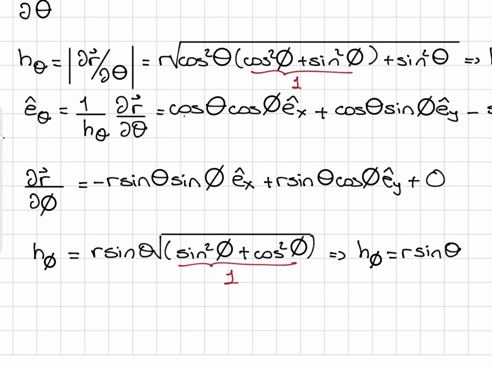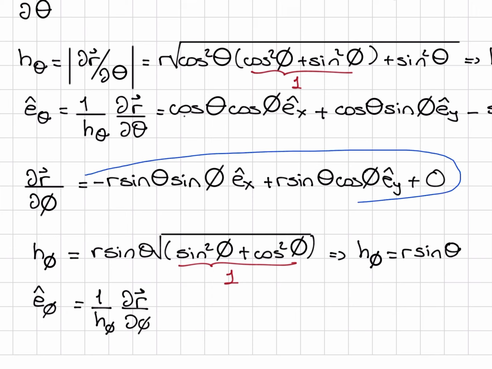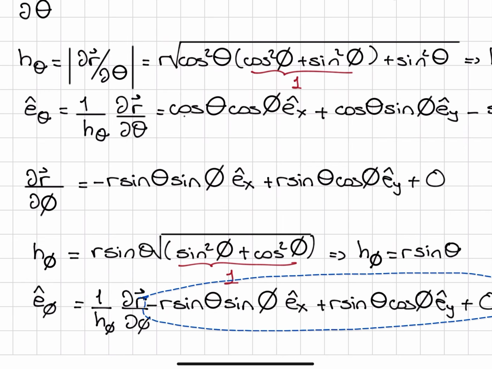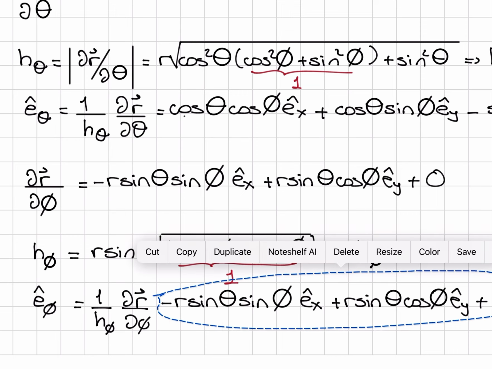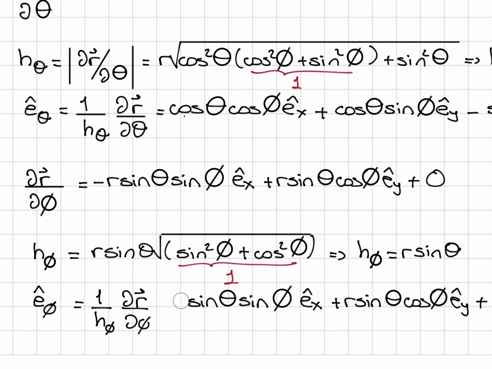Now we're ready to write the unit vector e phi hat. e phi hat is equal to this derivative del r del phi divided by the scale factor. So we're just going to copy this derivative and divide it by r sine theta.